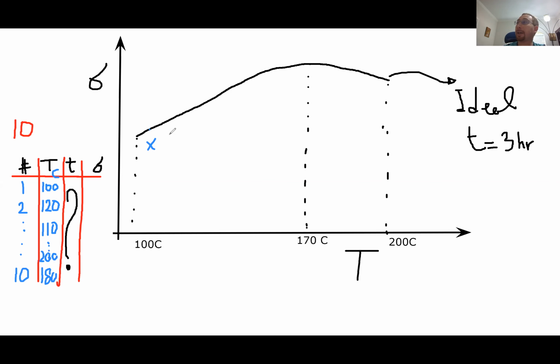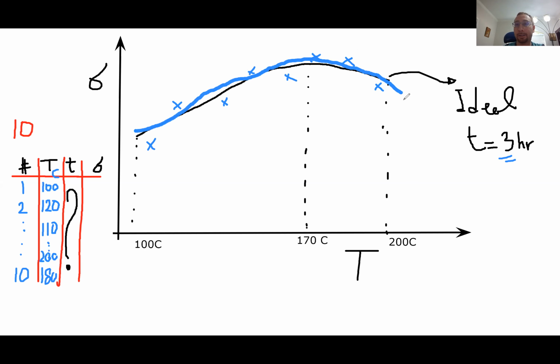It doesn't appear to be exactly on this curve because this curve is only for 3 hours, and the duration I have is unknown. So it could be different. Because of that, it doesn't happen here. I have another sample that perhaps happens to be here, another one here, and so on. If I fit a curve to all of that, I can probably get a curve that more or less looks like this.